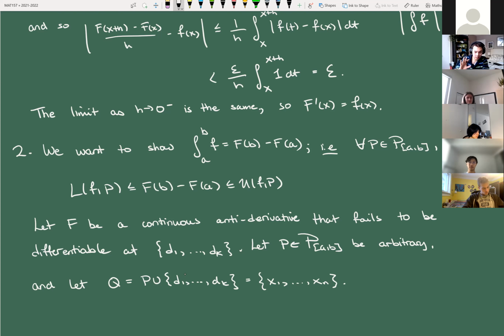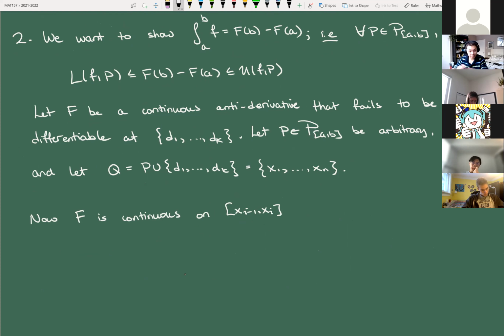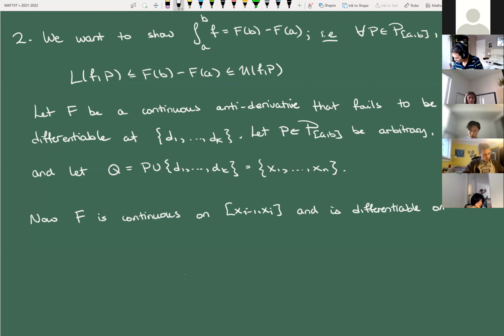Okay, now here's the slick thing. Now capital F is continuous on [x_{i-1}, x_i], right? Because it's continuous everywhere. So it's certainly continuous if we restrict it to an interval. And it's differentiable in the open interval. What does this look like?